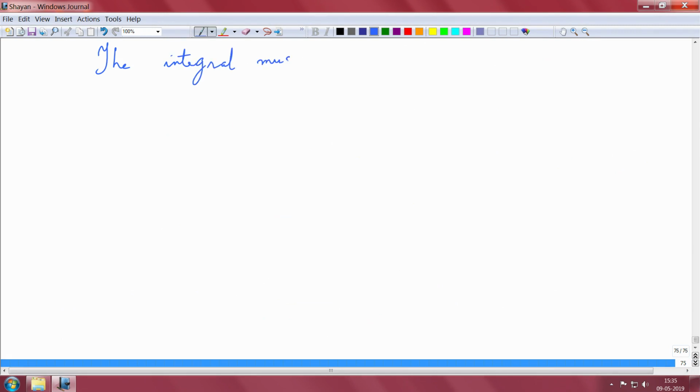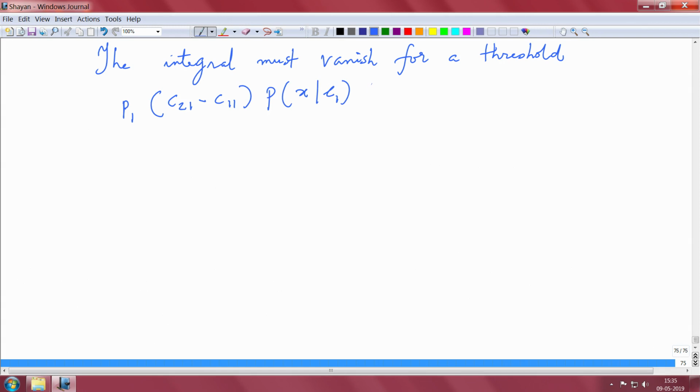The integral over the space H1 must vanish for a threshold, and that happens if P1 times C21 minus C11 times P of x given C1 is equal to P2 times C12 minus C22 times P of x given C2, then that integral vanishes.